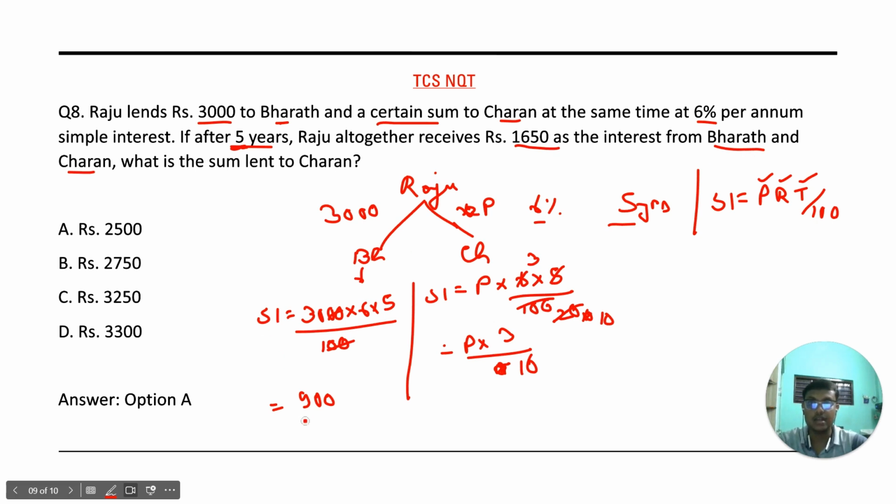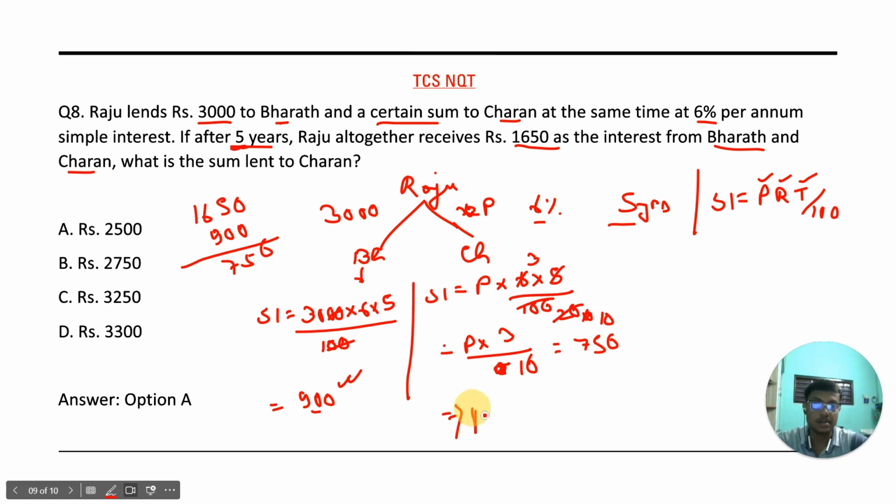Now it says that Raju altogether receives 1650 from both Charan and Bharat at the end of 5 years. Bharat gives 900 as the simple interest as we calculated. So, from Charan, Raju receives 1650 minus 900 as the interest, which is 750.